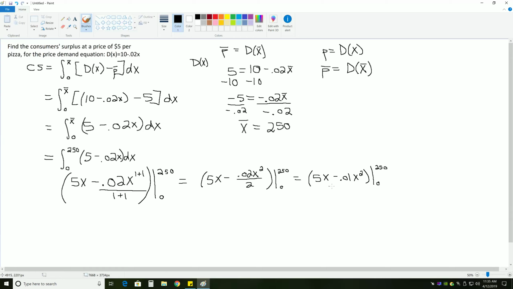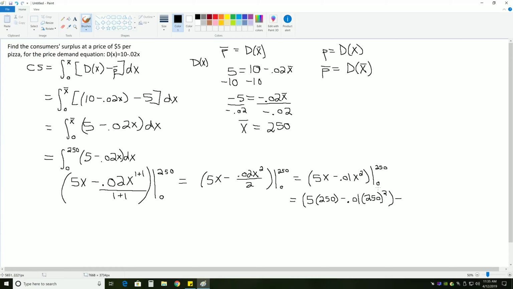So now that we have this simplified, let's plug in our limits of integration, which gives us 5 times our top limit, 250, minus 0.01 times our top limit, which is again 250, squared.